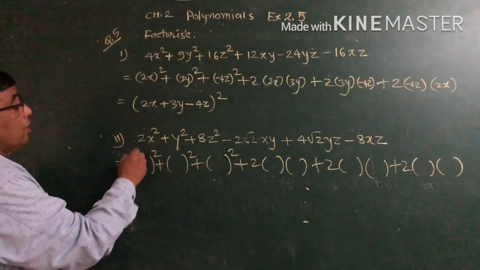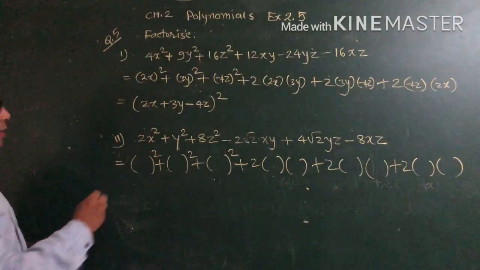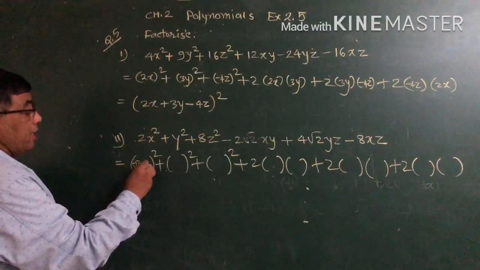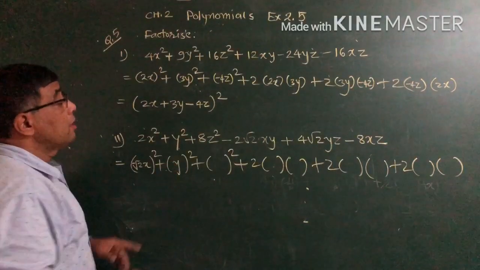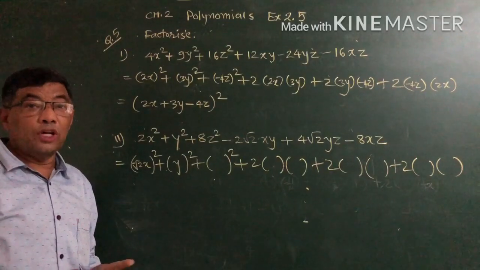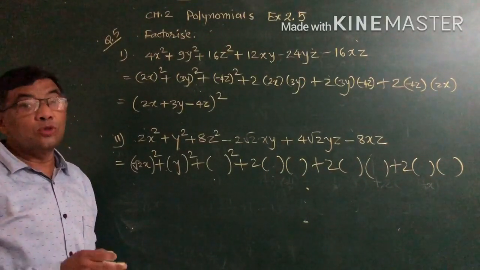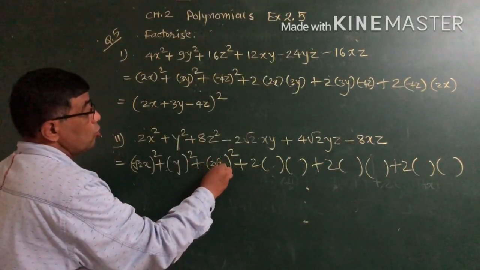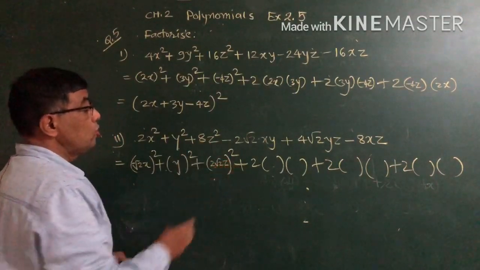So x term is 2x square, but 2 is not a perfect square, so we write it as root 2, and the sign we apply, minus root 2 x, and then y square. Now 8 is also not a perfect square. 8 is what? 4 into 2. And 4 has the root 2. So here we write 2 root 2. So 2 root 2 square if we do, then we get 8. So 2 root 2 z.